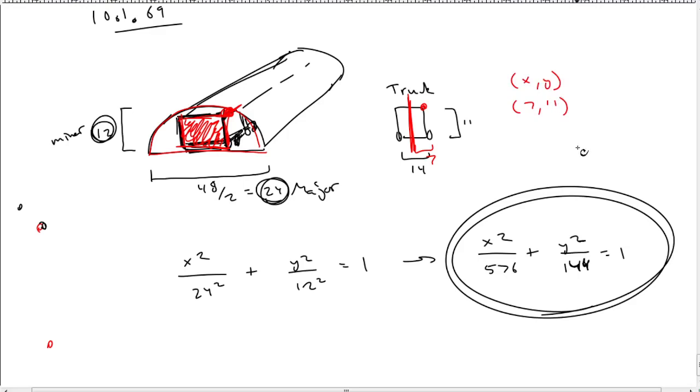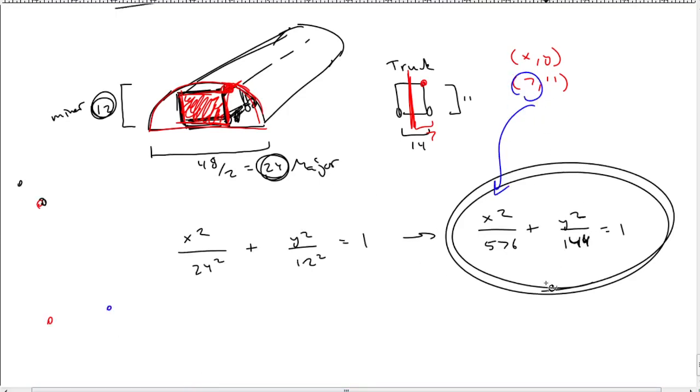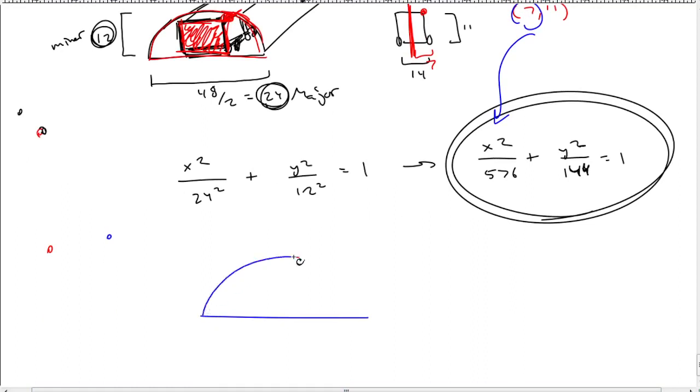And so my x, y is going to be 7 and then 11. I'm going to take that x and my y and plug them in, and actually I'm not going to plug them both in. Hold on. You could, and see if it's equal to 1, if it's literally touching the top, but I don't think you're going to get exactly that. The best way to do this is to plug in one of them and compare the y values. So here are the two options that we have.